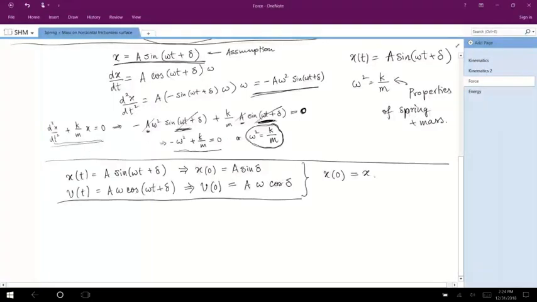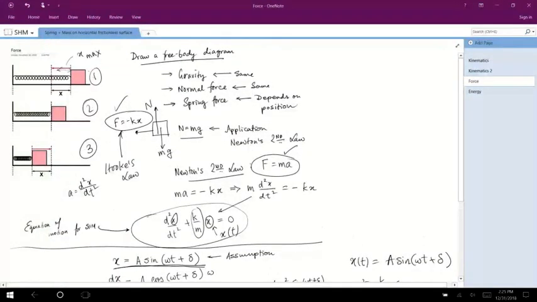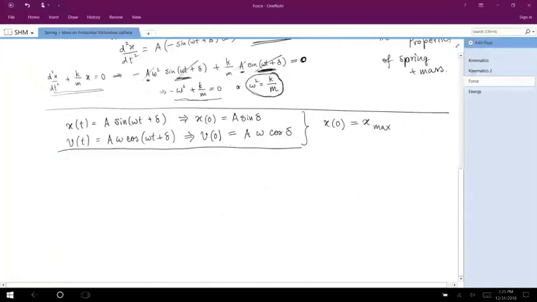So x of 0 is x max. And what is v of 0? Well, at the initial instant, the block was not moving at all. So at the initial instant, if I put in time t equals 0, we get v0 is equal to a omega cosine delta, and this must also be equal to 0.